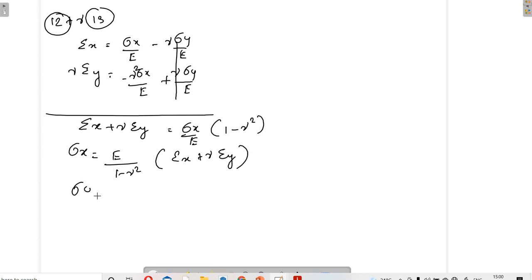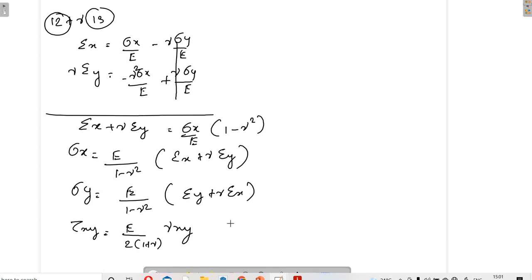Similarly, you get the other equations from this: sigma y is E divided by 1 minus nu square into epsilon y plus nu into epsilon x. And the tau xy equation is E divided by 2 into 1 plus nu into gamma xy.